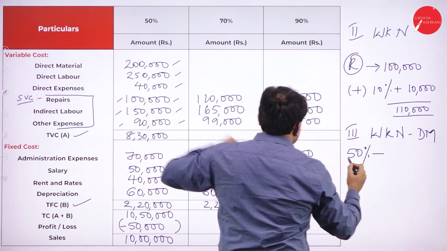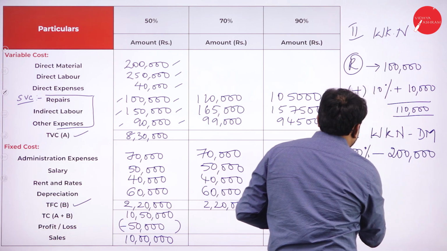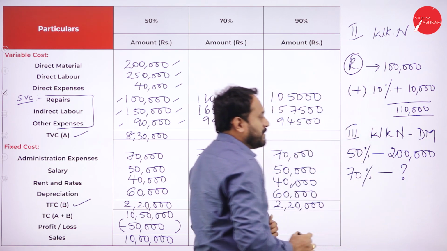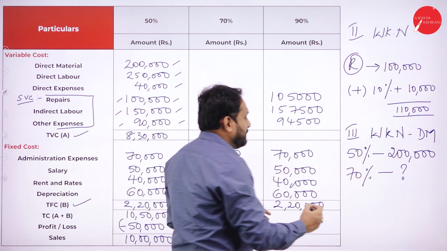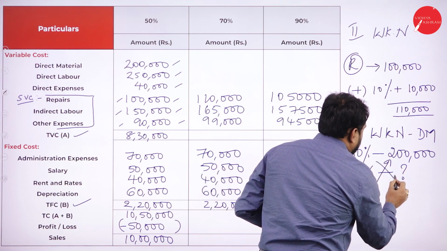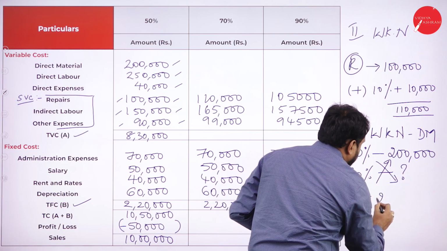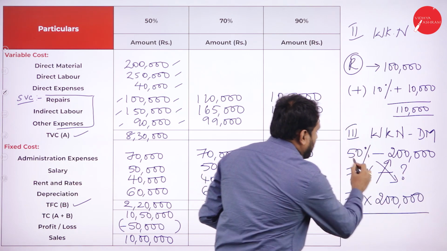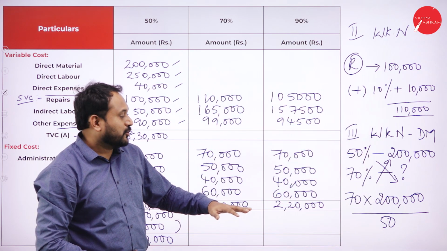Now for 50% it is 2 lakh rupees. For 70% how much is the question mark. Now you know how to solve this because it's a cross multiplication. 70 will go here and 50 will come here. That is 70 into 2 lakh divided by 50. So this is what the working note would be.